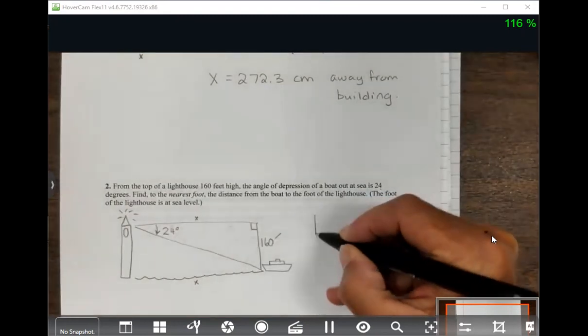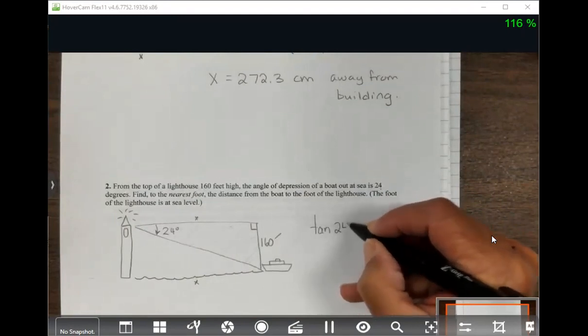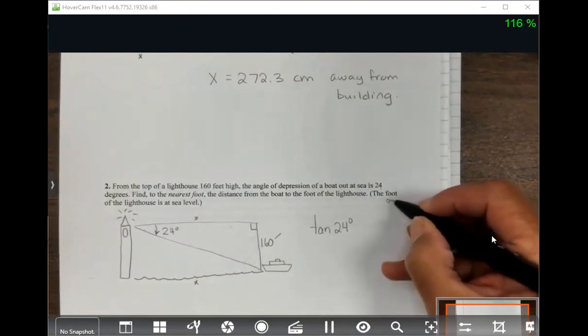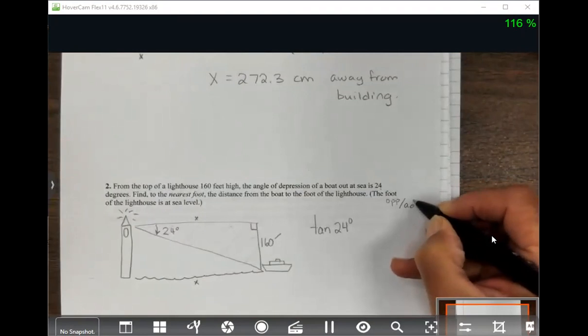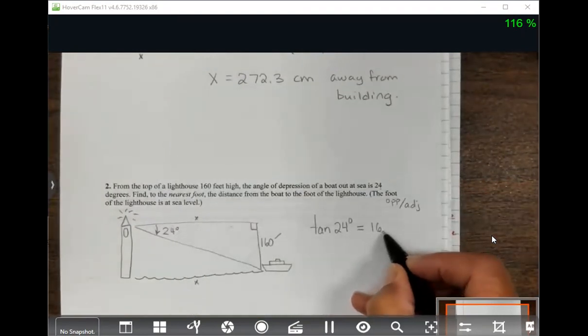So I'm going to use the fact that the tangent of the 24-degree angle is opposite over adjacent. The opposite side is the 160 feet.